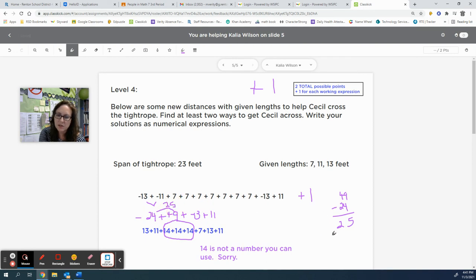So I'm going to go smaller, negative 13. That puts me at 12. So 25 plus negative 13 is 12. 12 plus 11 is 23. There were hundreds of different ways that you could make it. It did take some time to get there.